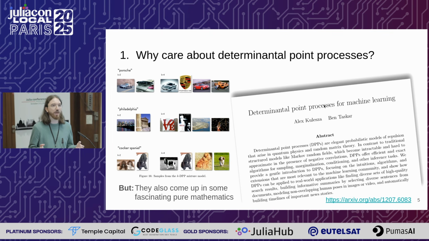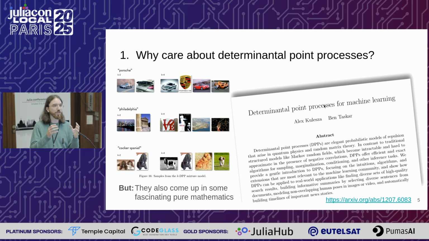Why do we even care about determinantal point processes? Well, one really big application right now is machine learning. For example, you see here these different pictures of Porsches, Philadelphia, or Cocker Spaniel. What you want is a diverse set of recommendations.